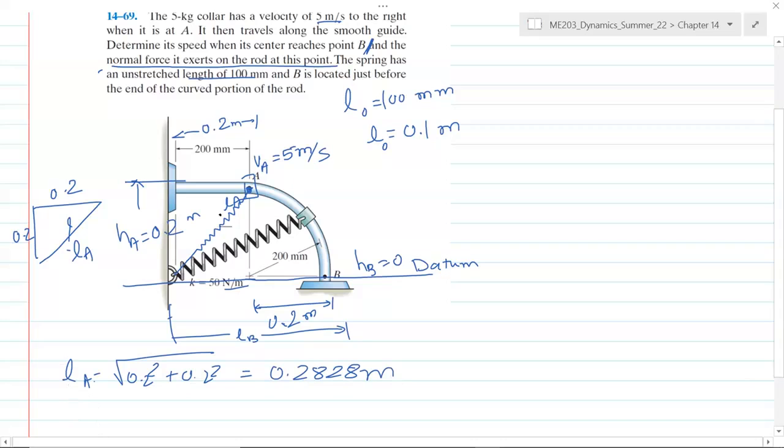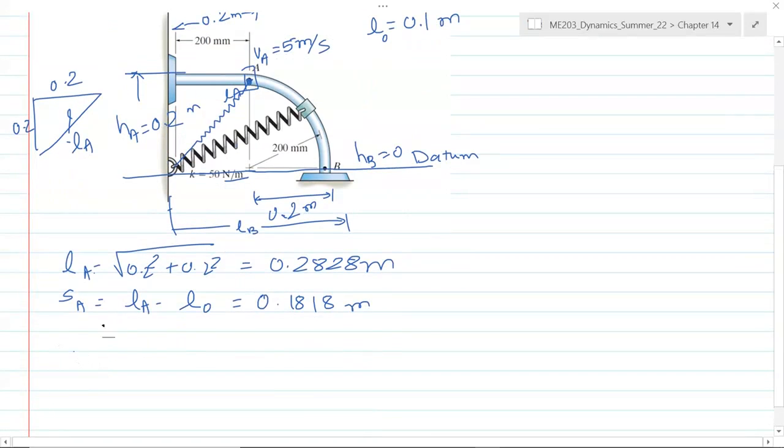So that means the deformation of the spring when the collar is at A, which is SA, equals LA minus the unstretched length of the spring, that is the original length of the spring, L0, and we can call this 0.1818 meters.